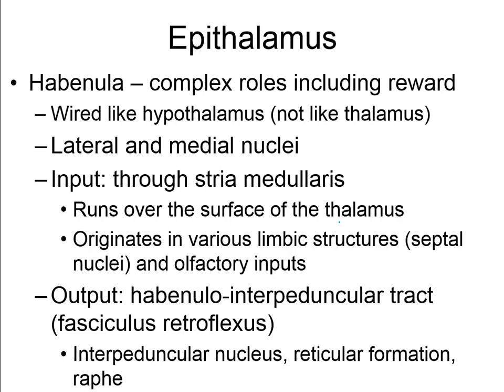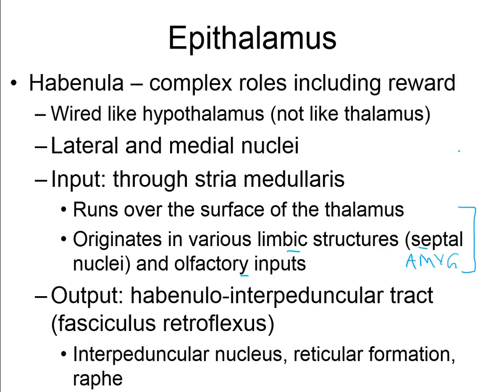Runs on the surface, and it comes from various similar sources, limbic structures as well as septal nuclei and olfactory. These are the same sorts of things that go into the amygdala. Right? It has outputs that go back down into the midbrain through the wonderfully named fasciculus retroflexus.